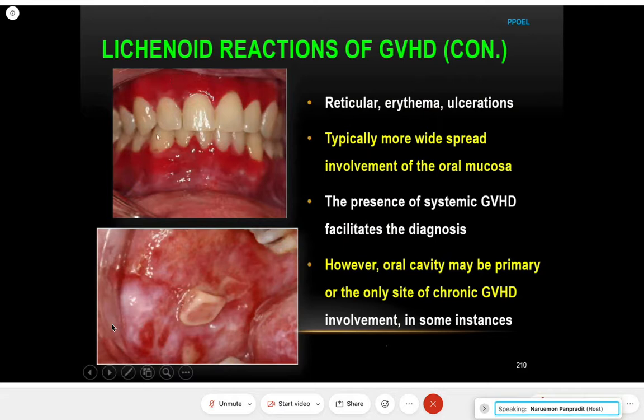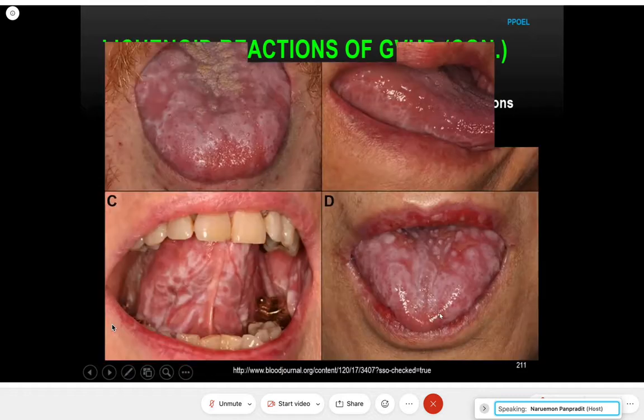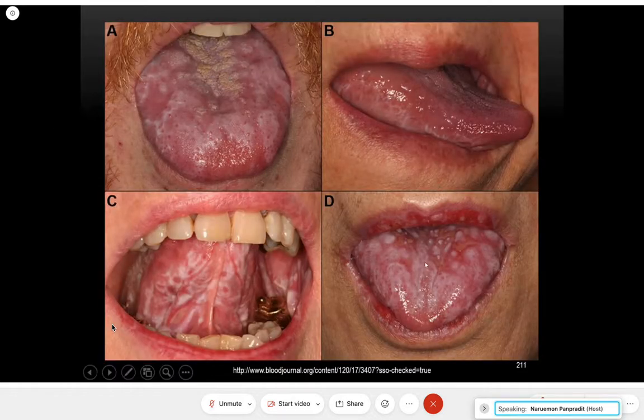This is called desquamative gingivitis. This is the ulcer, white line, white striation, and red area, or atrophic area. This is an example of the oral lesion of chronic graft versus host disease that looks very similar to lichen, with white and red areas with ulcer.